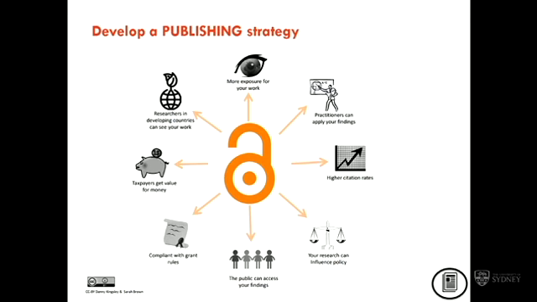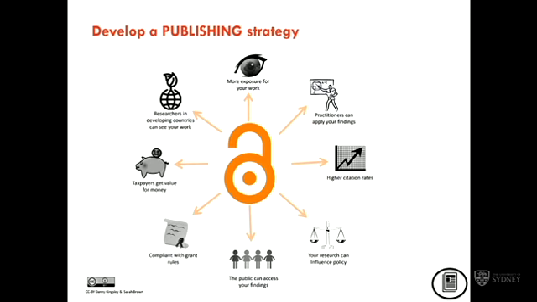Now, this is a huge topic in and of itself, so at this point I'm going to plug the services of your academic librarian and recommend that you contact them to find out more, as publishers have different open access options, and your librarian can discuss these in more depth, and they can also recommend tools to help you, such as one specific one, Sherpa Romeo, which is a searchable database of publishers' policies.